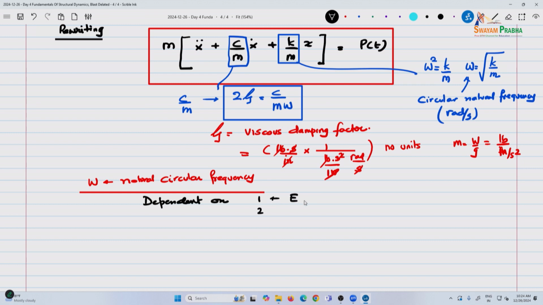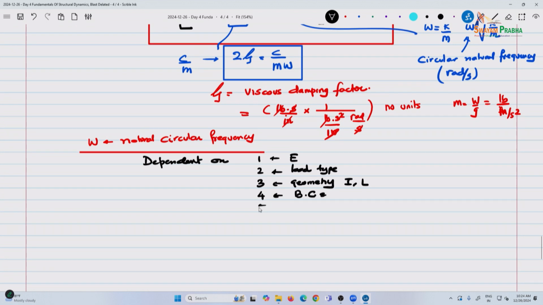Which means material. What are all the different things stiffness includes? Your load distribution, load type, let us say. It depends on geometry in terms of I and L, then boundary conditions. Anything else now? Here this is dependent on mass, right?